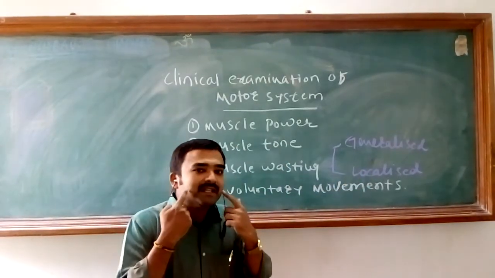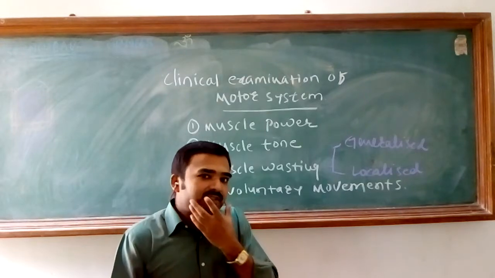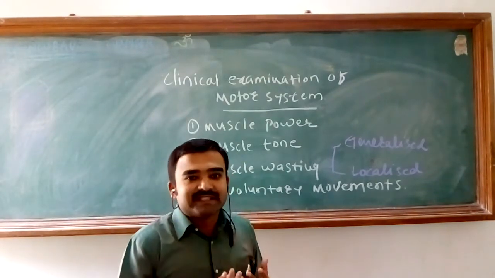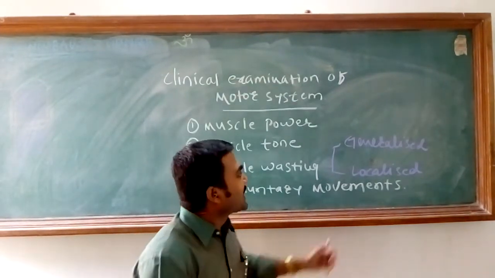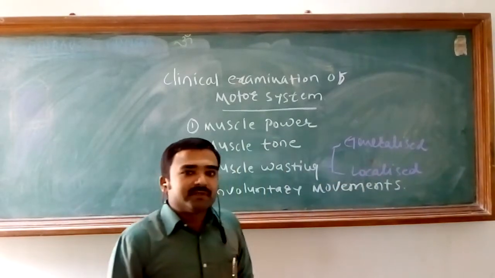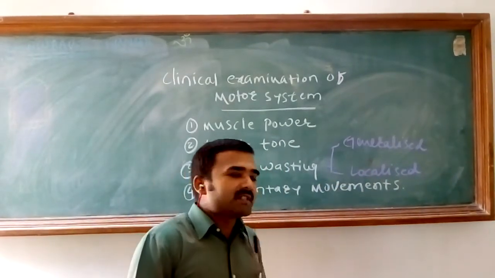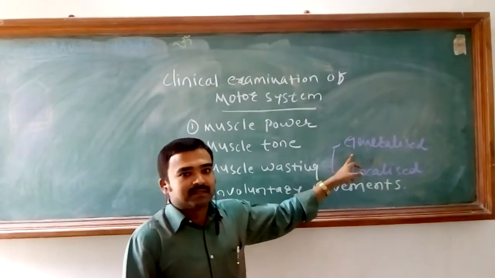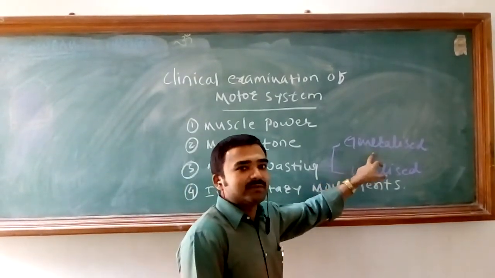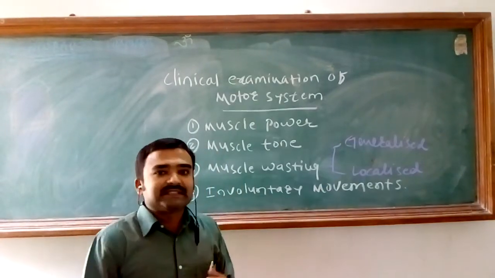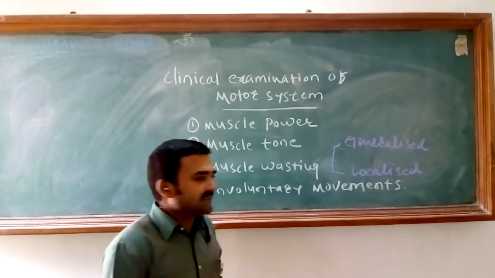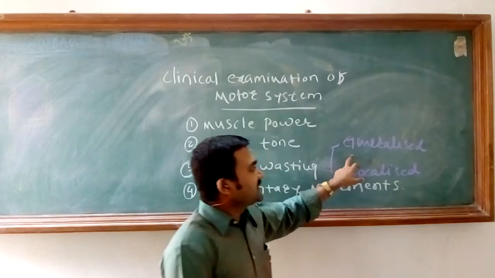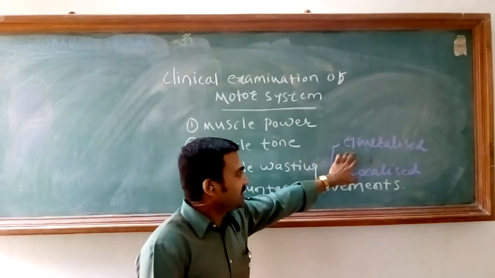Even the buccal fat and the muscles of the facial region become wasted and atrophied. Apart from protein energy malnutrition, what is another cause for generalized muscle wasting? It is malignancy. Any malignancy can result in generalized muscular wasting. What is another cause? Tuberculosis. In cases of tuberculosis also you will notice generalized muscular wasting.